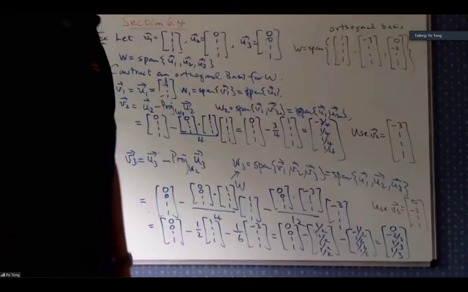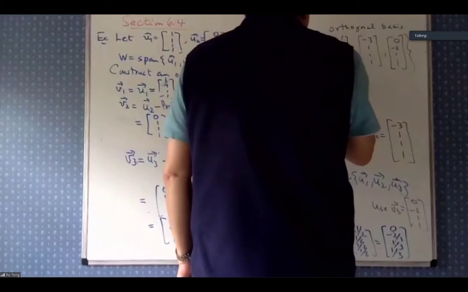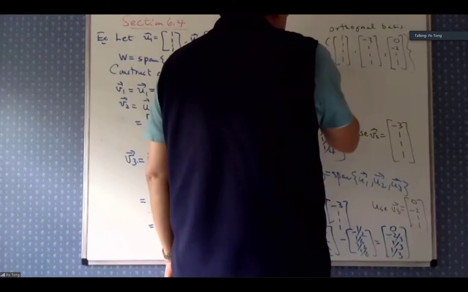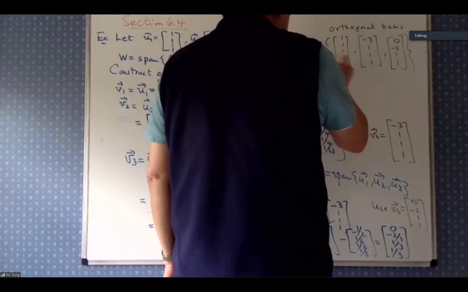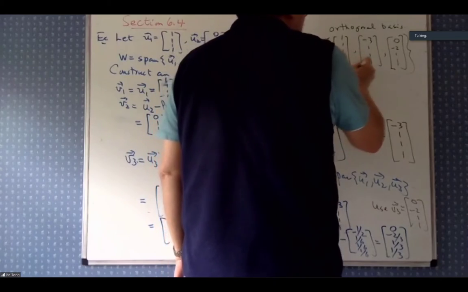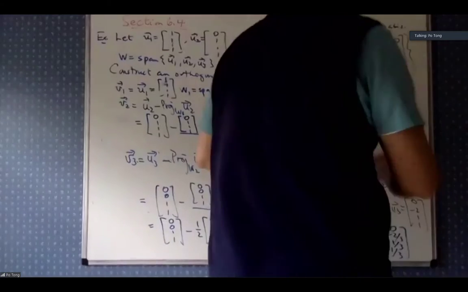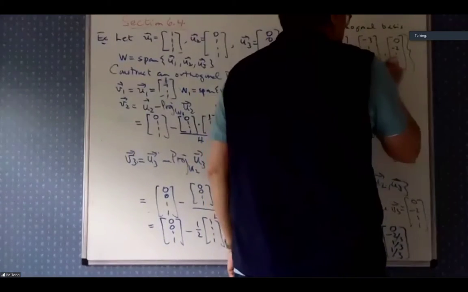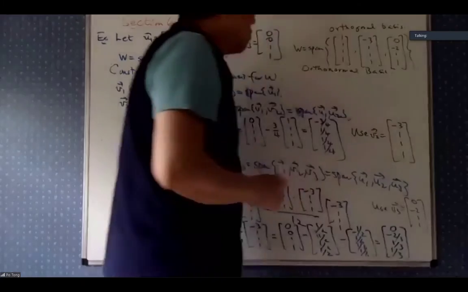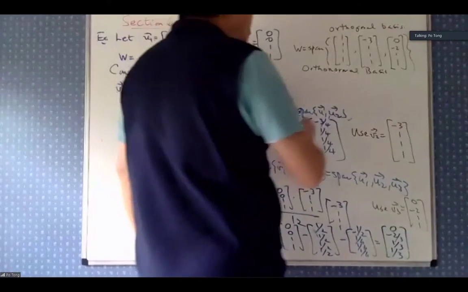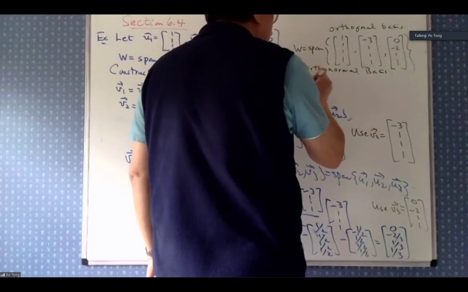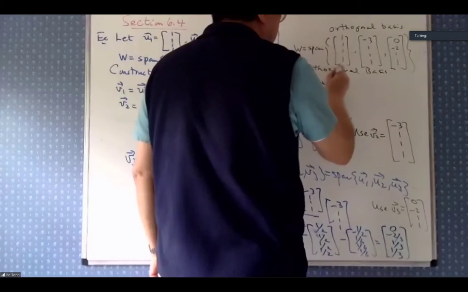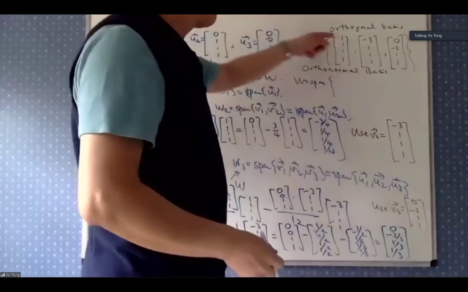What happens if we want an orthonormal basis? What happens if I want an orthonormal basis? An orthonormal basis will be written like this. How do I change it from orthogonal to orthonormal?